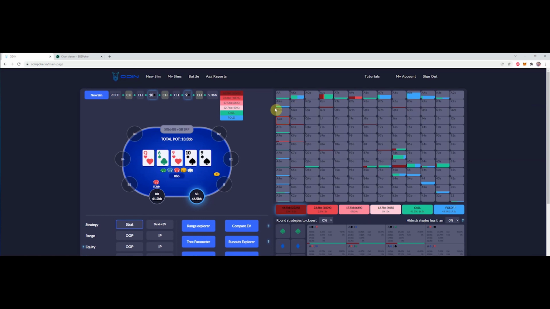This is kind of crazy actually to see that we are mixing folds with a hand like 6-5 here, but ace jack is pure calling. So I would have just assumed that we probably don't get any fold with a pair in this spot. So this is kind of interesting as well. And this is even mixing folds here versus an opponent that's bluffing as aggressively as Odin is. So yeah, this is pretty interesting to see here.